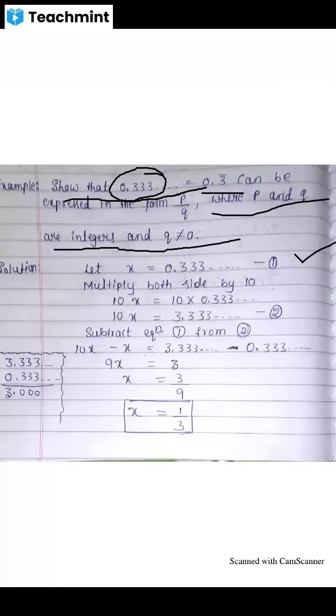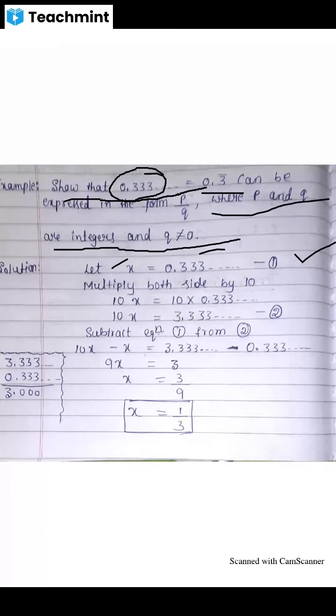Next step. Here we are observing the LHS part and the RHS part. x is the LHS part and 0.333 and so on is the RHS part. Now, what we have to do? We have to multiply both sides by 10. How 10? It depends upon the repeating block.